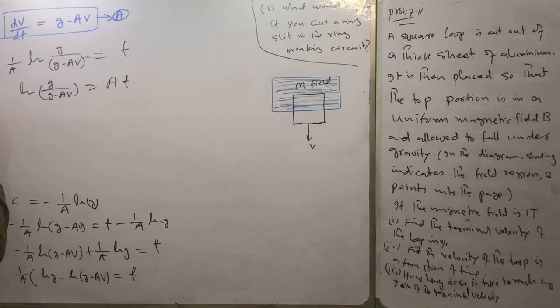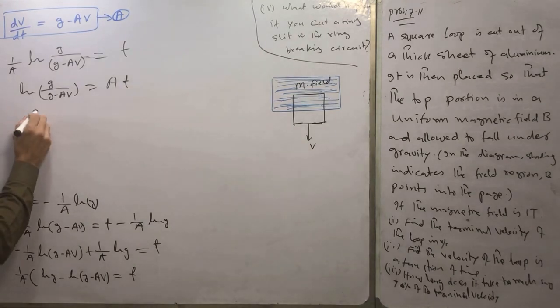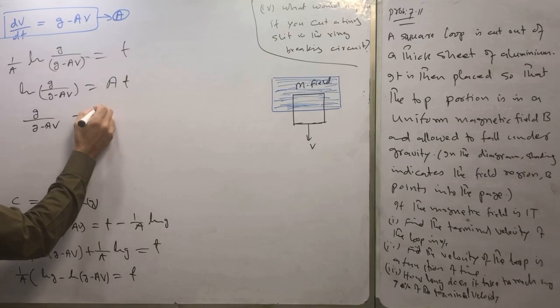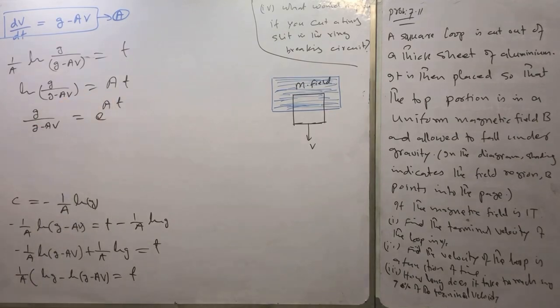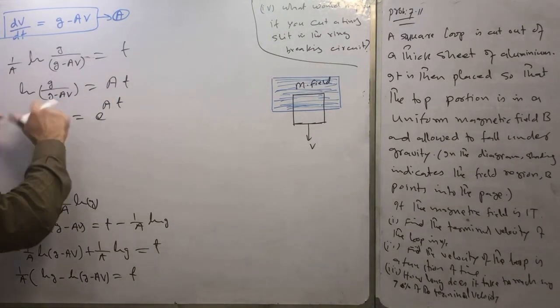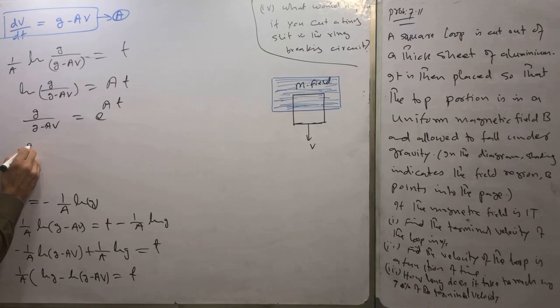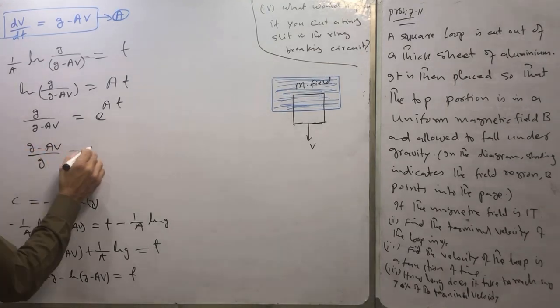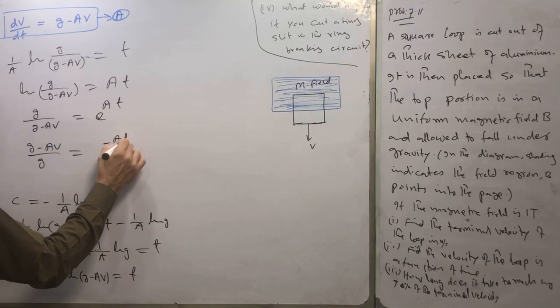After eliminating the log from this side, g/(g − av) = e^(at). If we reverse this, (g − av)/g = e^(−at).